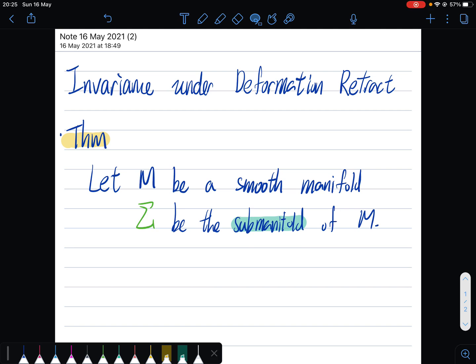Okay, today I want to talk about the invariance under the deformation retract.